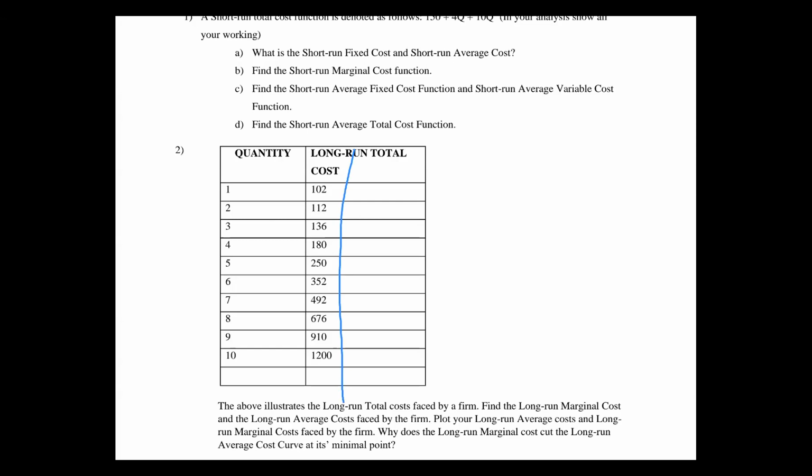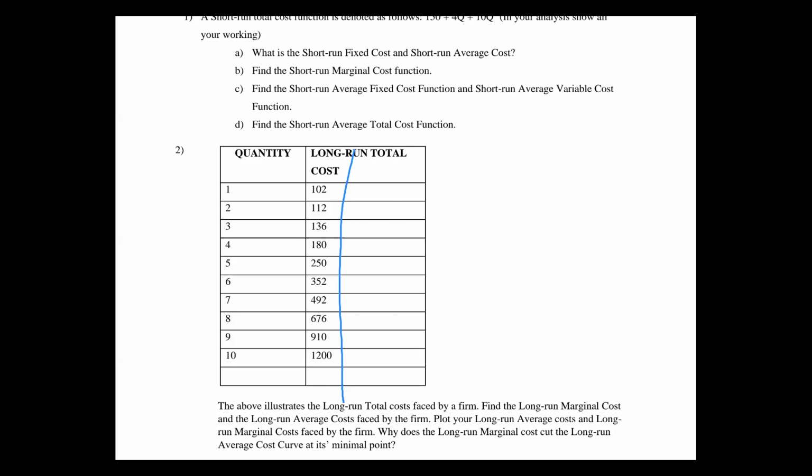Question number 2 is here where you are given the table. People are saying we are used to the tabulated data. So the above illustrates the long run total cost faced by a firm. Can you find the long run marginal cost and the long run average cost faced by the firm?